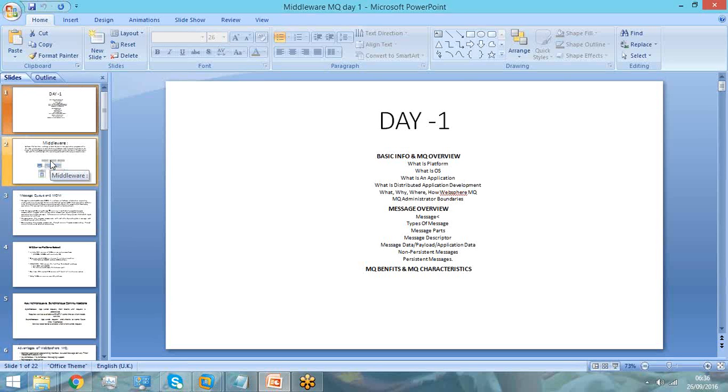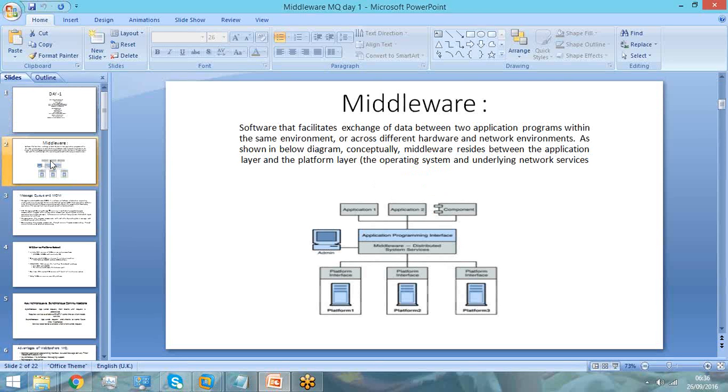Firstly, IBM MQ series is a middleware product in the TCP/IP architecture. If you know the TCP/IP architecture, there are different layers the data has to pass through. You have the application layer or the front end layer where all the data is given, then the presentation layer, then the application layer, then the network OS layer.